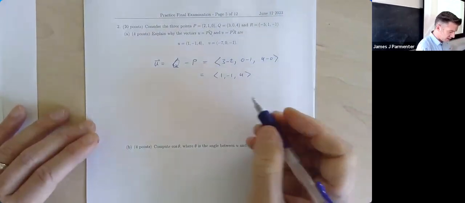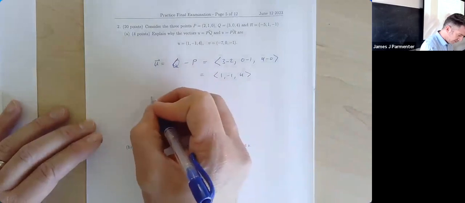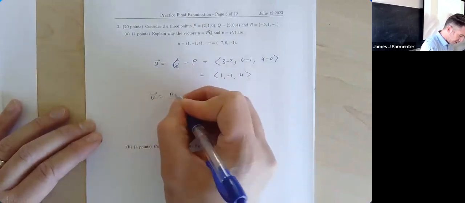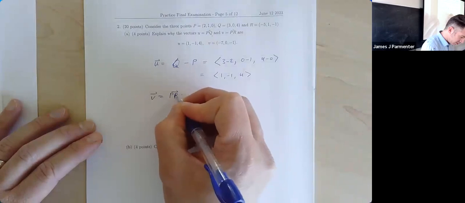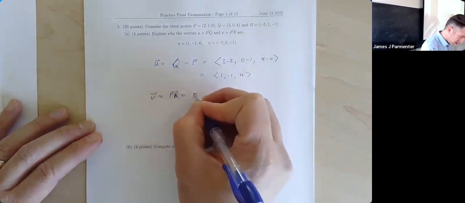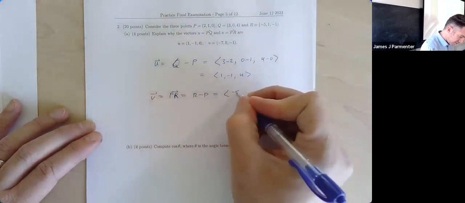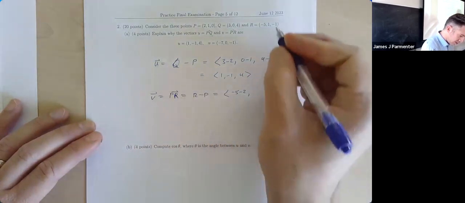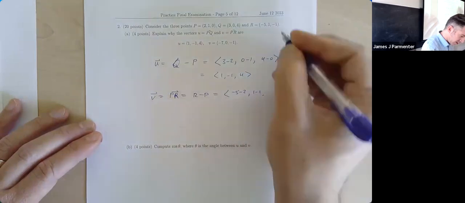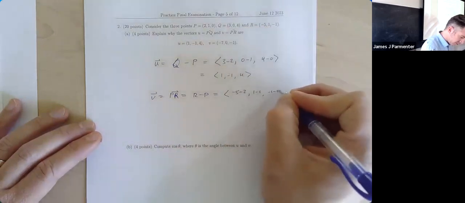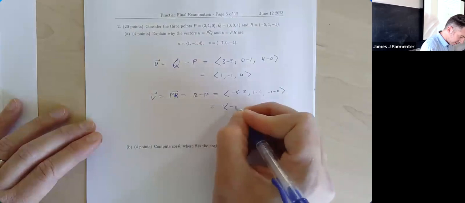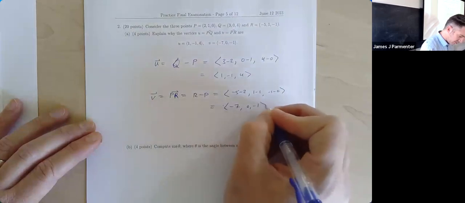And in a similar way, we could show that v, which is equal to PR, is just R minus P, which is going to be -5 minus 2, comma 1 minus 1, comma -1 minus 0. Which is exactly what it should be. -7, 0, -1.